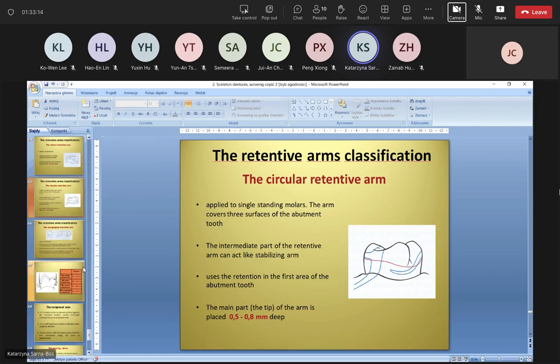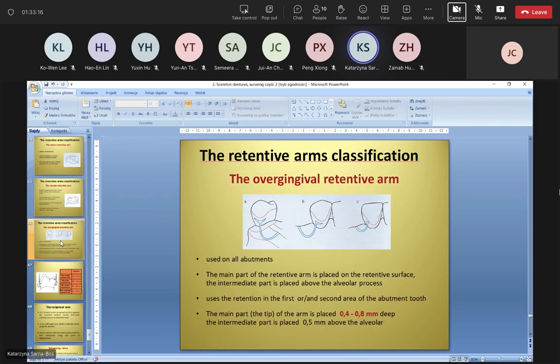And the last but not least, the overgingival retentive arm. This is the most aesthetic one. It can be used on all abutments. The main part of the retentive arm is placed on the retentive surface, but the intermediate part is placed above the alveolar process, as you see here.